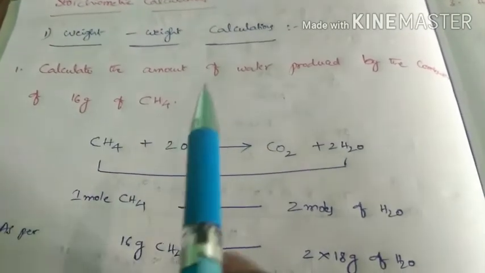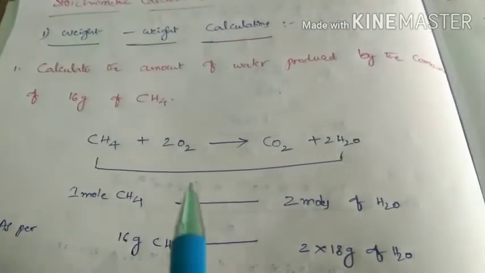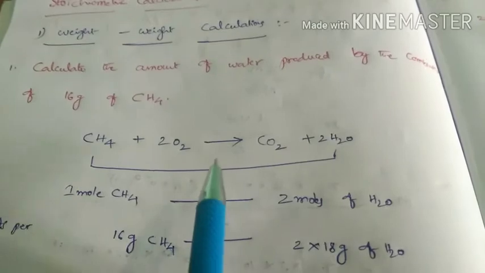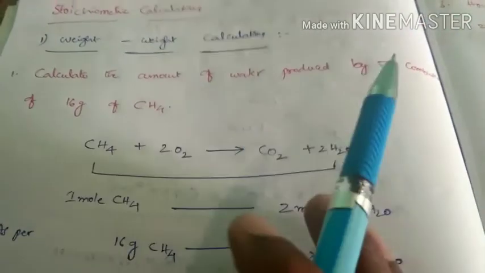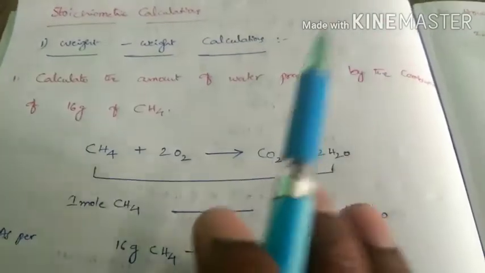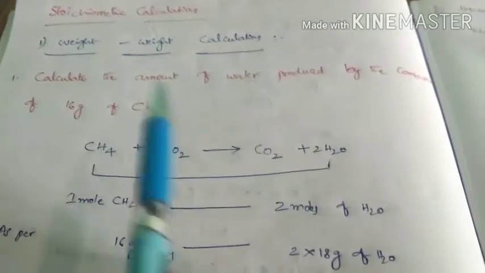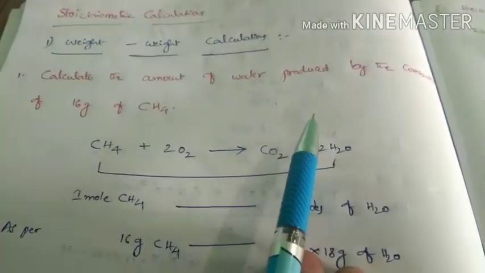So what we have to do in this model, in all these models, first we must be able to write the equation. If you are unable to write equations, then you cannot solve this type of model. In all stoichiometric calculations, you must be able to write equations.